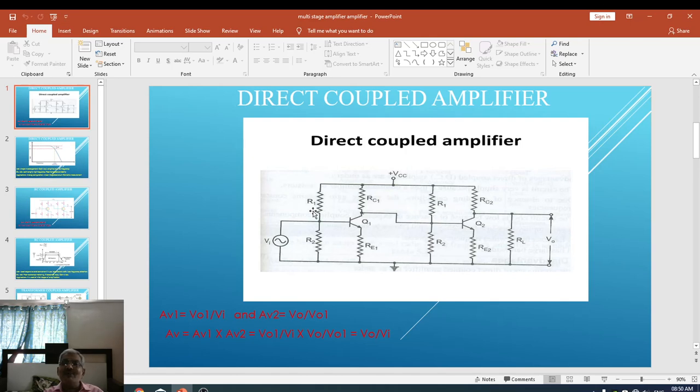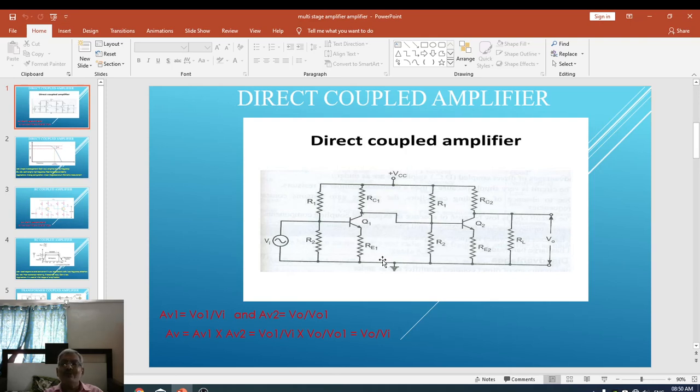The first stage of amplifier consists of, say, transistor Q1, obviously in common emitter configuration, because the emitter is common for input as well as output.